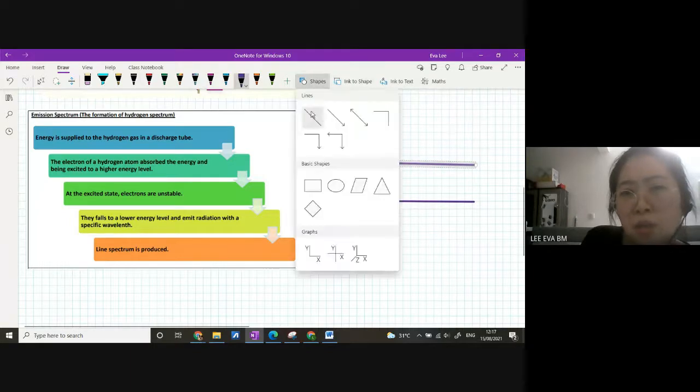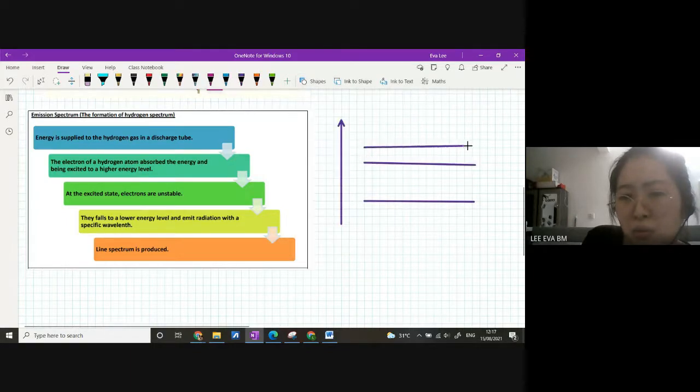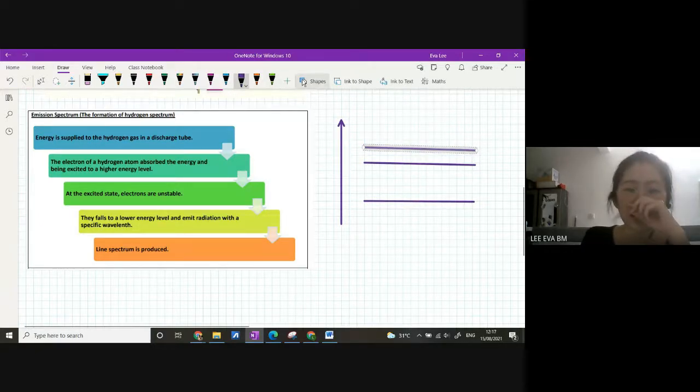So for this one also you can practice on your own on how to draw an energy level diagram. Let's say I only use 3 energy levels here. So when the energy is supplied to a hydrogen gas in the discharge tube, the electron of the hydrogen atom absorbs the energy and is excited to a higher energy level.